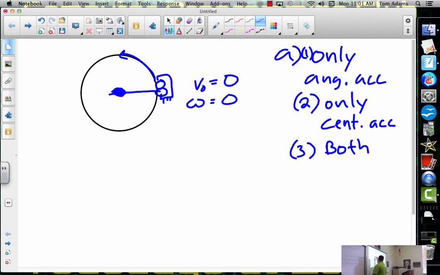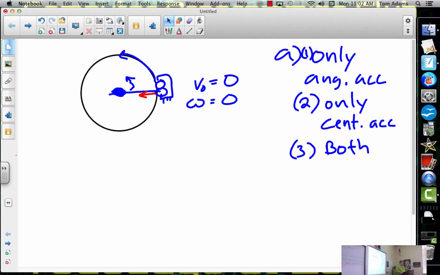Our angular acceleration goes this way. Okay? And our centripetal acceleration goes towards the center of the circle. If it's on a circular path, does it experience 1, only angular velocity? Option 2, only centripetal acceleration? Or both? What do you guys think?